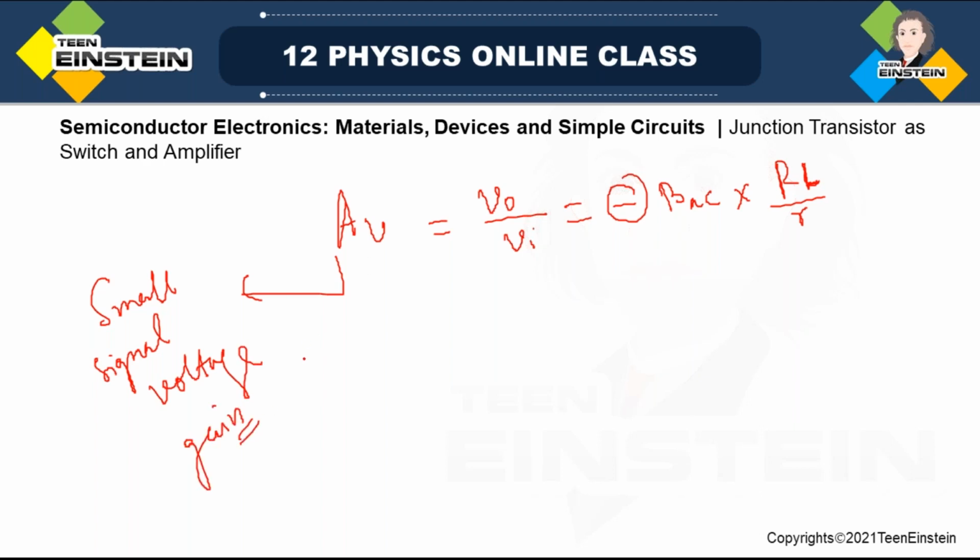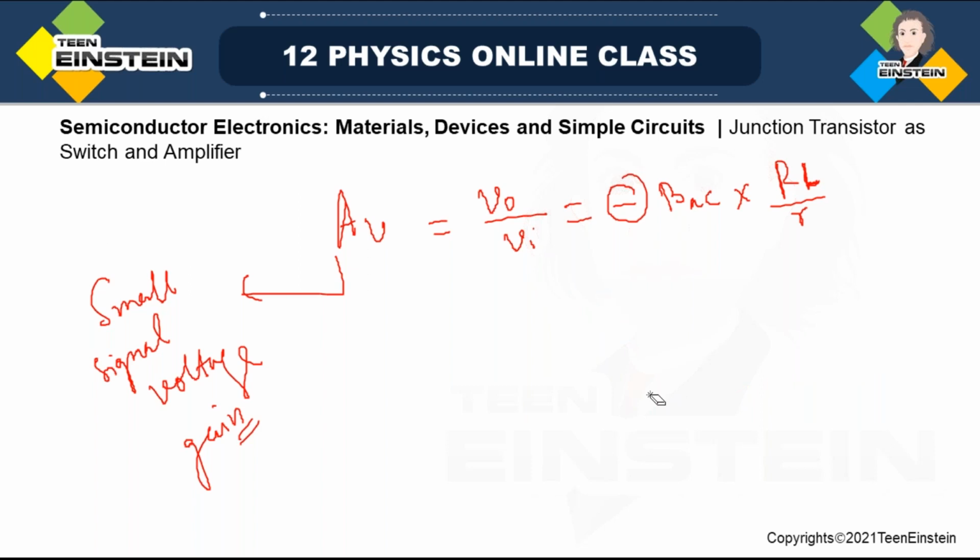And see, the slope, V output by V input, will be linear in the active region. The other regions are non-linear. Even the saturation region, before it reaches saturation, is non-linear. This non-linearity says that there is no sharply defined boundary between active and cutoff or active and saturation region.